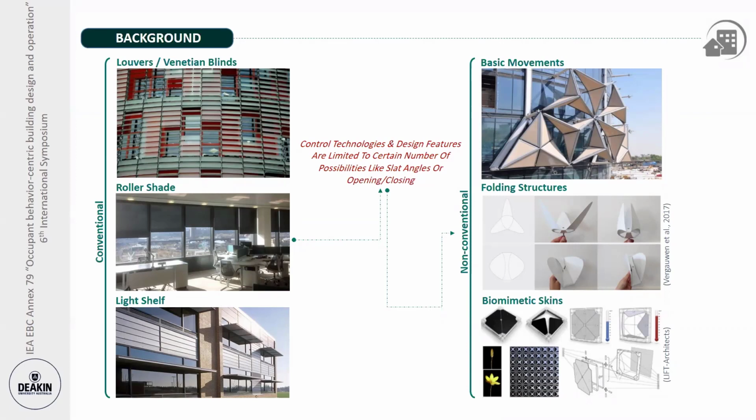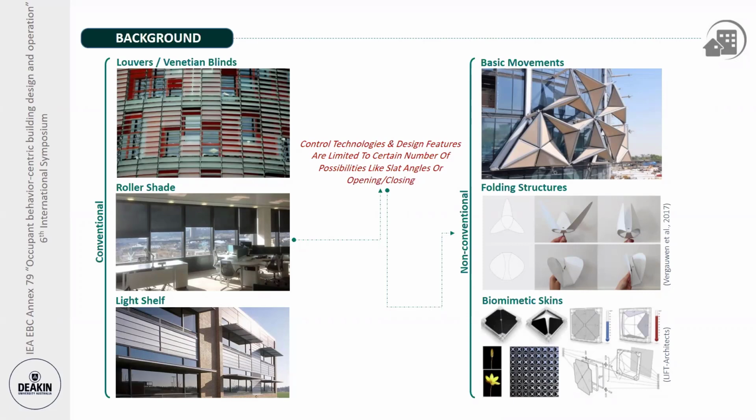Second, using folding techniques. Or third, taking advantage of nature principles towards biomimetic skins. In general, conventional adaptive facades are characterized by shared elements in which their flexibility is quite limited, while non-conventional adaptive facades have higher adaptation flexibility that allows finer resolution control over each part of the facade.